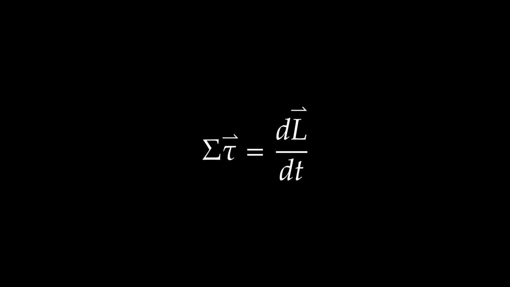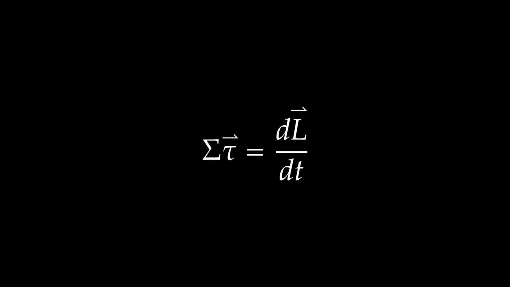Whereas the translational force is the rate of change of momentum, the net torque is the rate of change of the angular momentum. And so I have this completely analogous behavior between these two pictures.